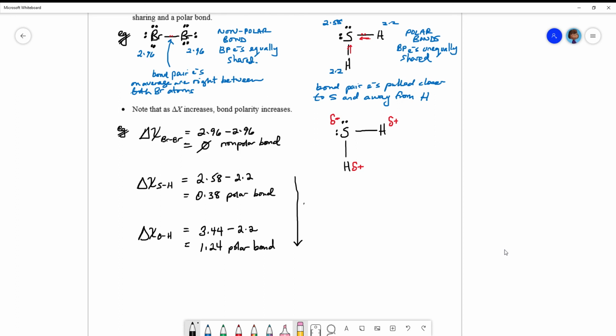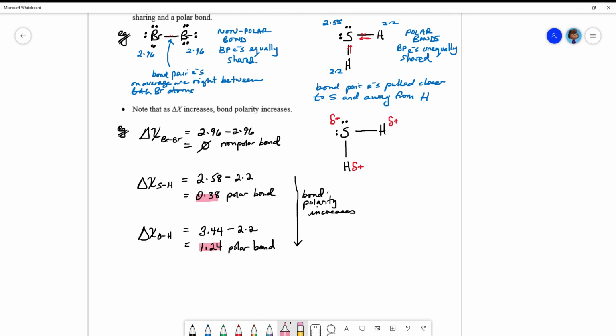So let's note here, bond polarity increases, and what we're comparing here is this value to this value. The higher the delta chi value, the greater the bond polarity.